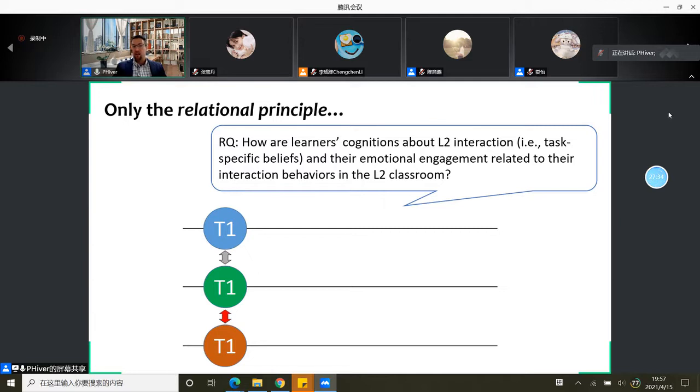So we could ask, how are learners' cognitions about L2 interaction and their emotional engagement related to their actual interaction behaviors? And this is actually a question being researched by one of my early stage doctoral students here at FSU. So that's the relational principle.